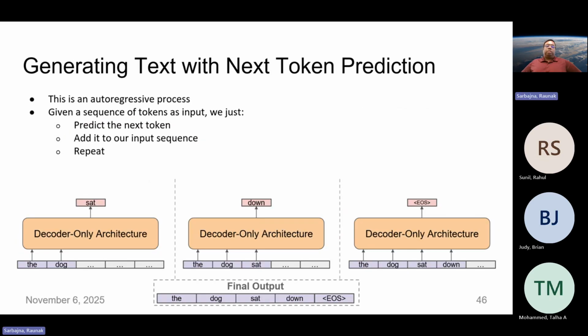So this is how the text generation part of a next token prediction model works. You are given a sequence of tokens as input, you predict the next token, then you add it to the input sequence, and then you repeat it. Right? That's all there is to it. It's fairly simple, but in practice, implementing it is kind of hard because how long this context window should be is essentially something we don't know.